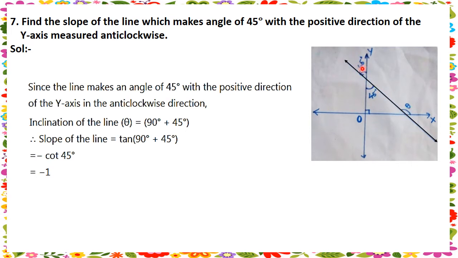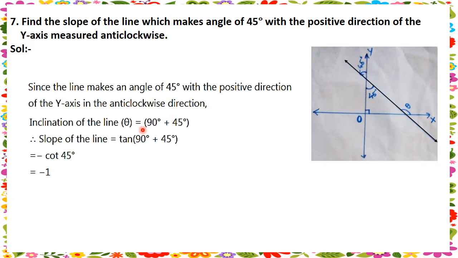Now if it is 45, then its vertically opposite angle will be 45 degrees, and then from this triangle we have this angle is 90 degrees because the y-axis is perpendicular to the x-axis. So 90 degrees and 45 degrees are the remote interior angles of this exterior angle theta.